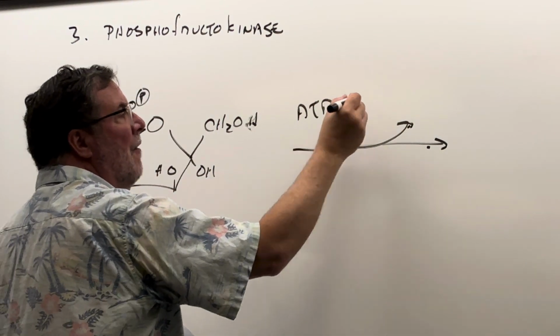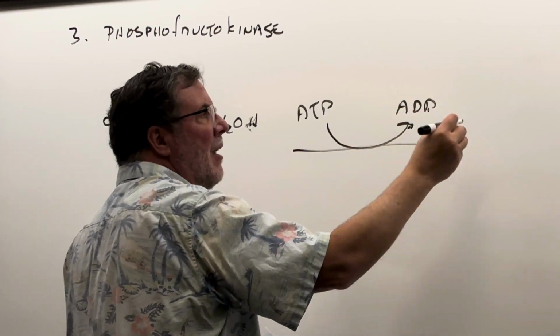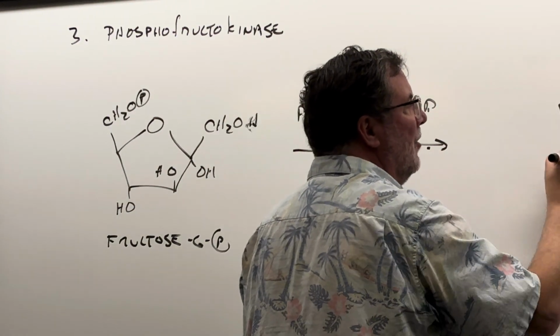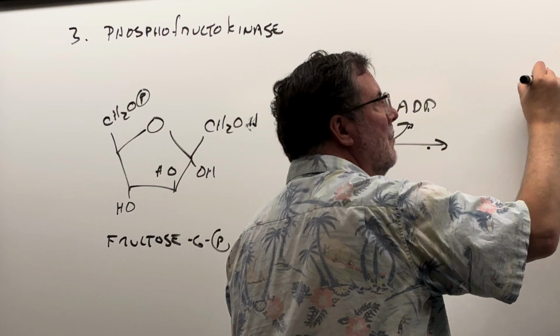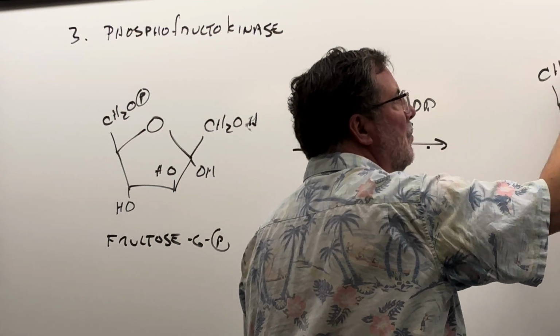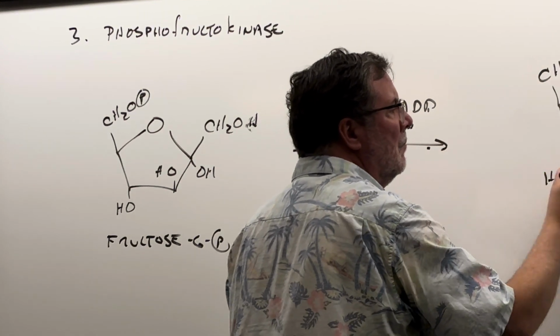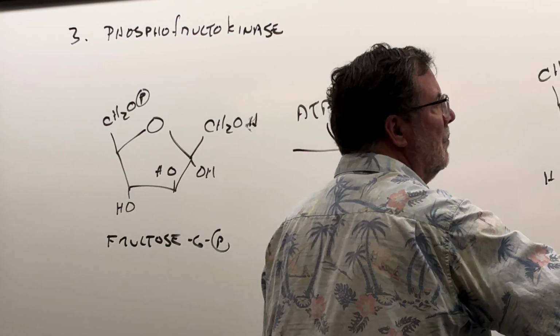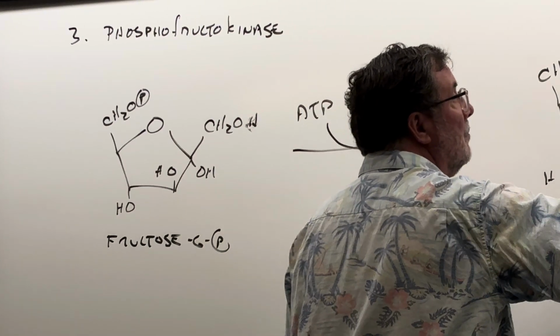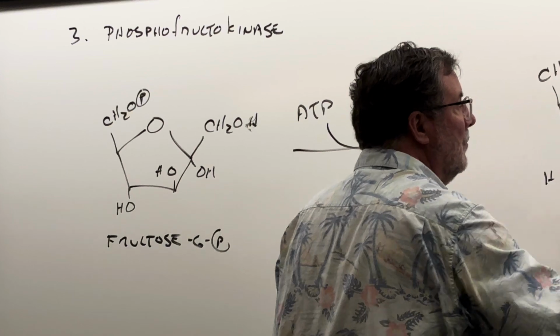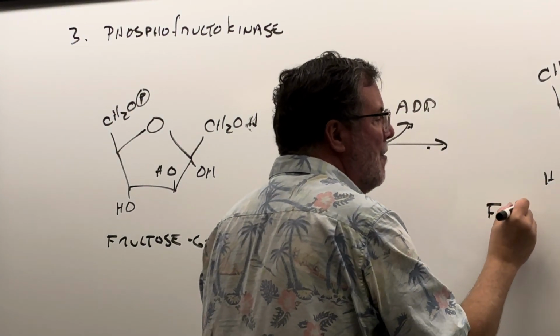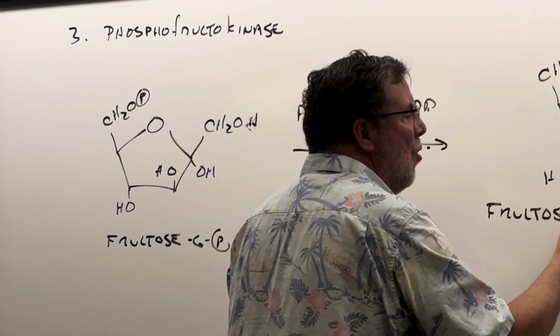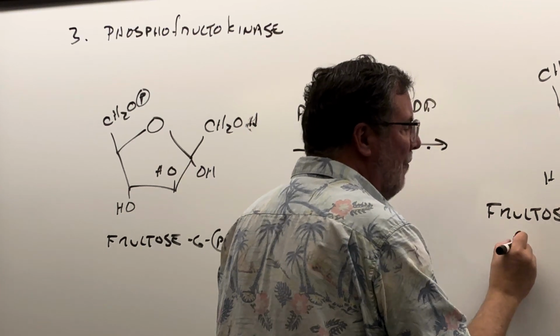We're going to take a phosphate from ATP, and we're going to add it now to the number 1 position. So this is now fructose 1,6-bisphosphate.